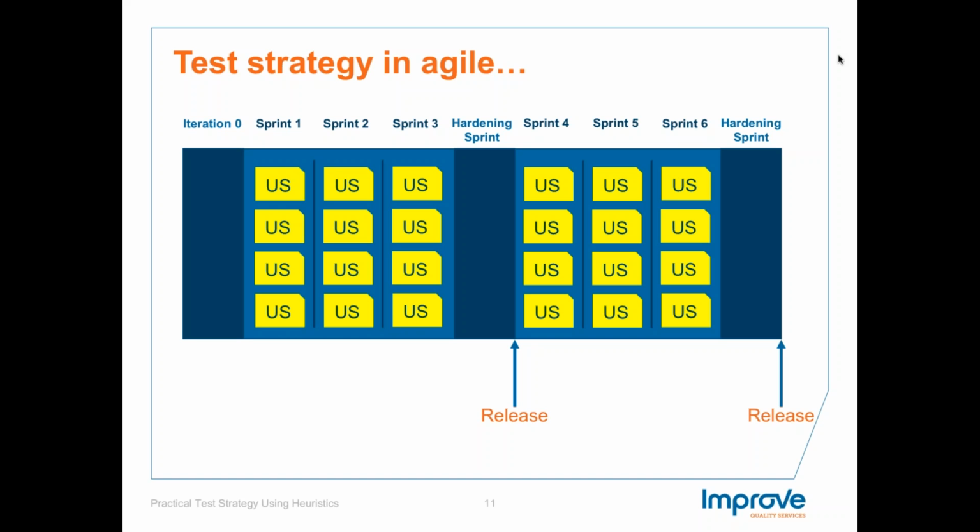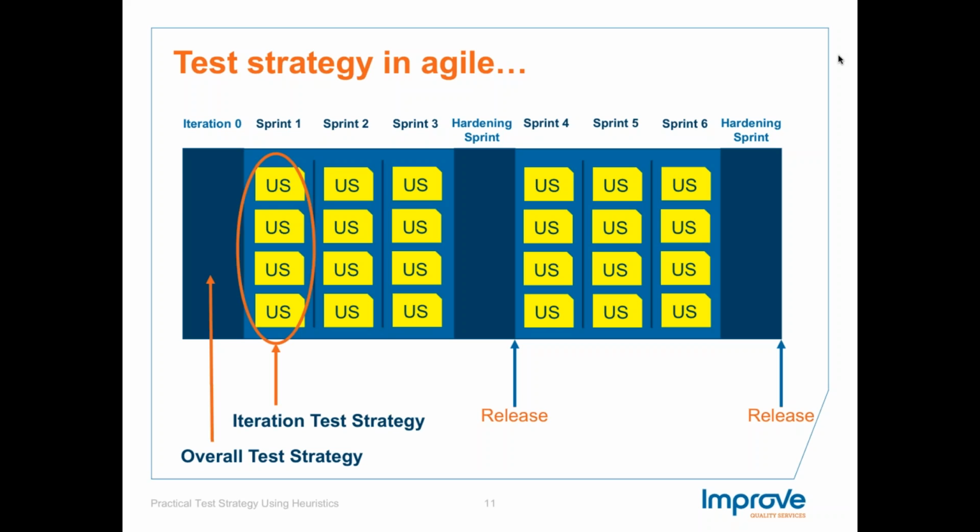This is a model of an agile project with maybe releases after 3 sprints. So in iteration 0, I think about an overall test strategy. I think it's wise to think like, well, maybe we're going to do some performance testing or stress testing later on, so you might want to prepare early in your project.